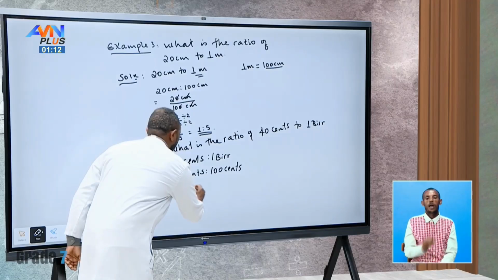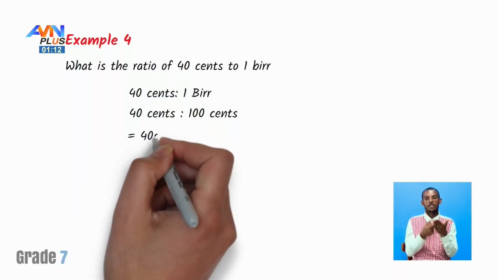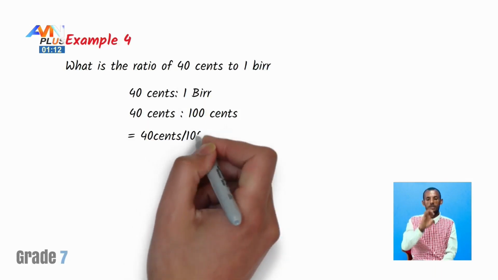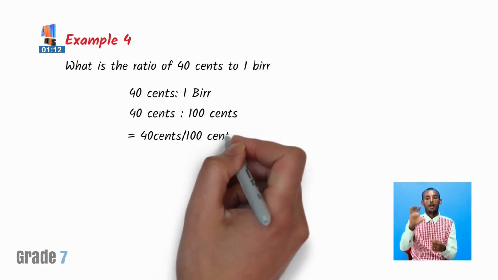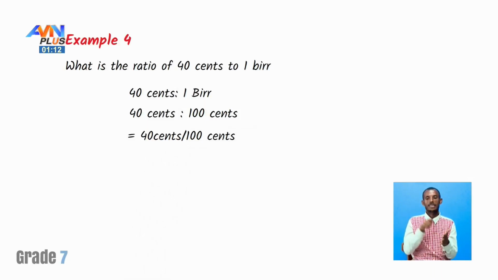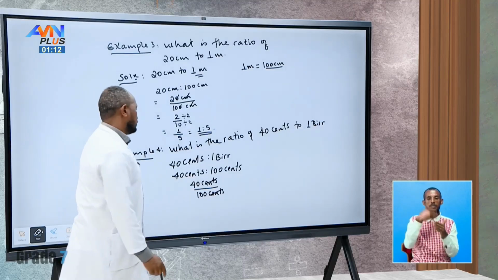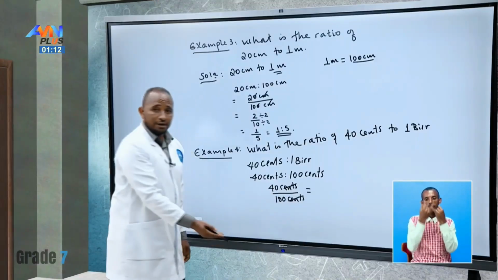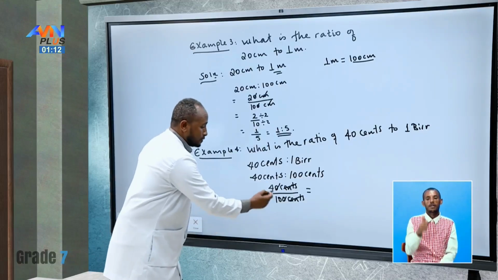I can write this in fraction form: 40 cents over 100. Cents cancels out. Then I have to write this in the lowest terms. I can divide both by 10. That means it cancels out the 0, so you have 4 over 10.